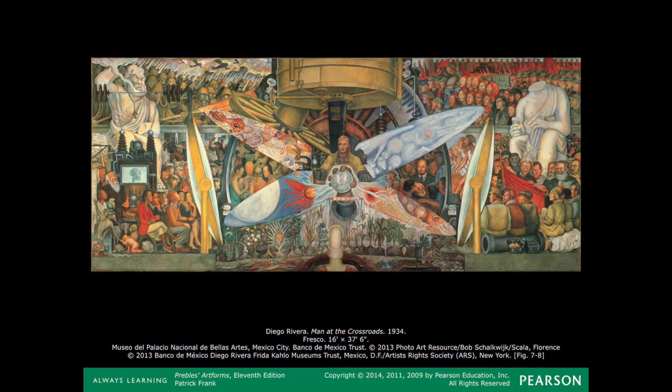Something interesting about this piece, Man at the Crossroads, is that it was commissioned to be built in New York City, in the Rockefeller Center. When they saw this painting, before it was complete, I want to say around two-thirds of its progress, people saw that this Russian leader was in his painting, and he was very controversial at the time.